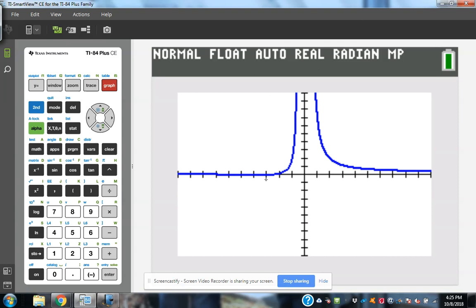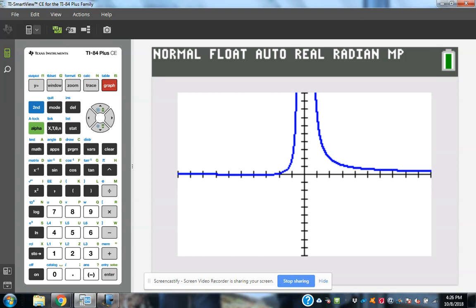Right here, negative 1/2, there's a vertical asymptote. Here at positive 1/2, there's a vertical asymptote. We see how this graph kind of bends and starts getting vertical right there. That's what's happening at that vertical asymptote on both sides. The horizontal asymptote at y equals 1/4 is right here. What do we notice about this graph? Is it crossing the horizontal asymptote? It does. Okay, for this one, it does cross that.